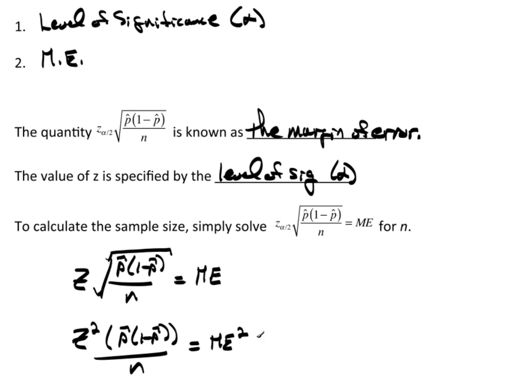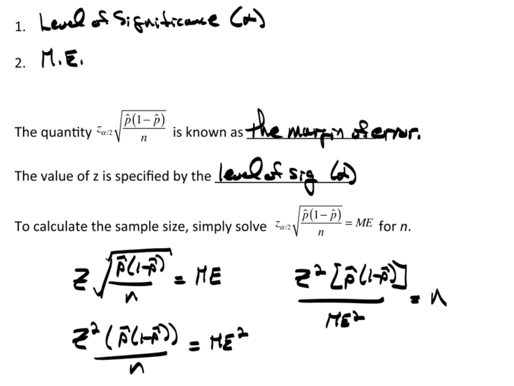And then solving for n, that gives me z squared times p hat times 1 minus p hat over the margin of error squared equals n.